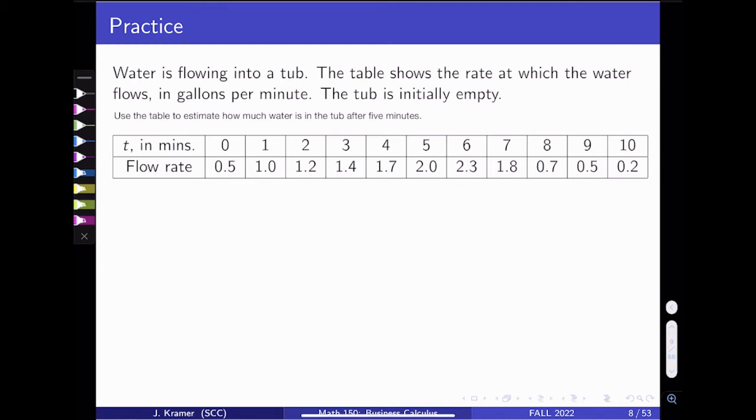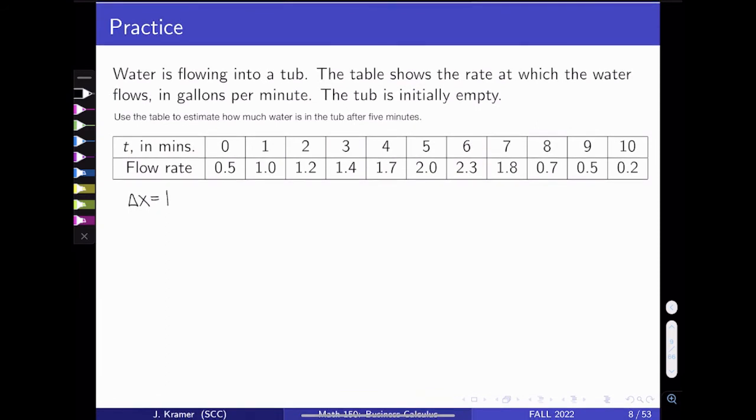So let's start by looking at the left-hand endpoints. It's important to note that our delta x is given already, fixed in the table, and it's going to be 1 because it's increasing in 1-minute increments each time. Our left-hand endpoints are going to start at our x0, which is going to be 0. So we'll have our delta x.